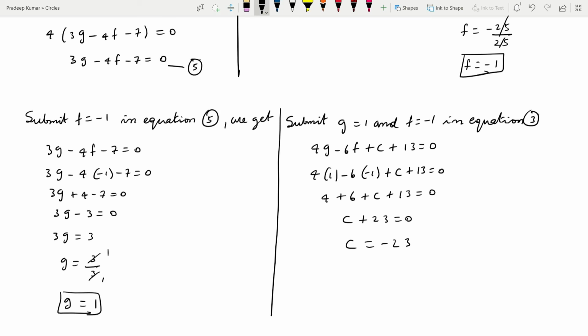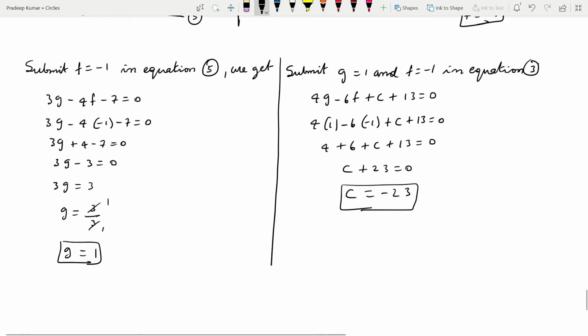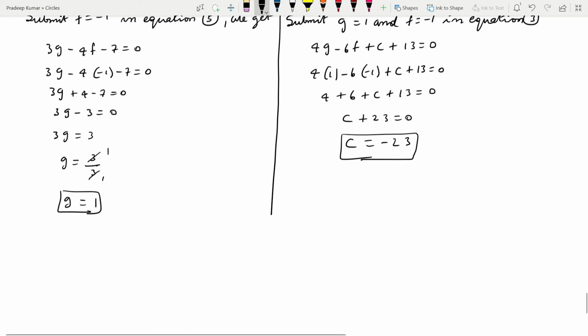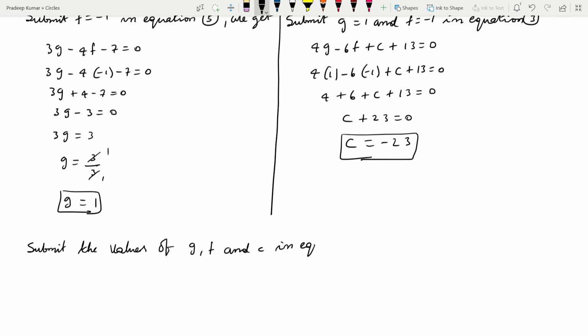Okay, so now we got the g value, the f value, and also the c value. If we substitute all these three values in the general equation of the circle, we'll get the required circle which they ask us to find. So I can write here: substitute the values of g, f and c in equation 1.